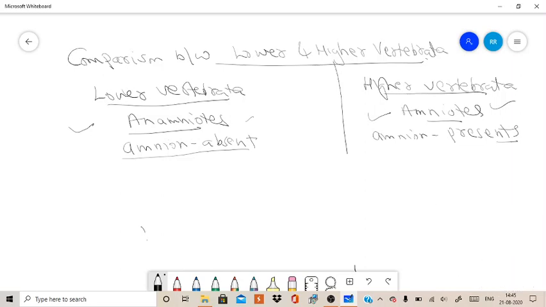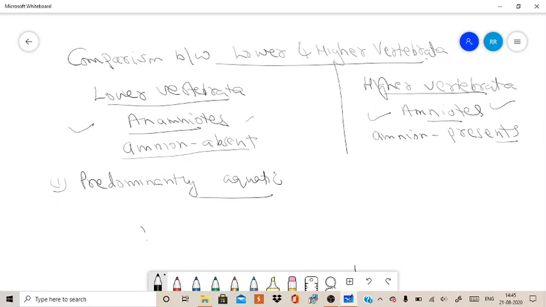Then next, some other important differences between higher and lower vertebrates we will discuss point-wise. First, the anamniotes are predominantly aquatic.